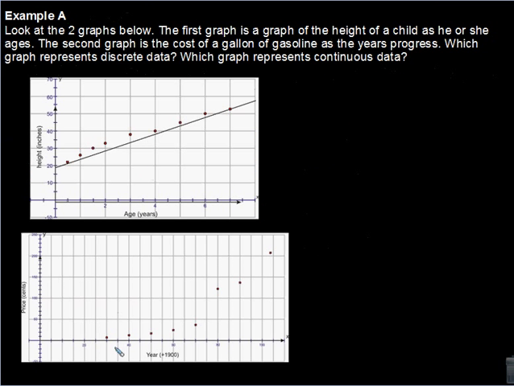Looking at this set of graphs, one of them is continuous, one of them is discrete. What do you guys think, continuous or discrete? Continuous because it's a line, so we have infinite data points on this line. And this one?